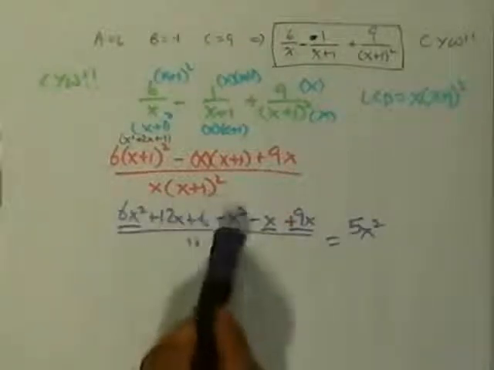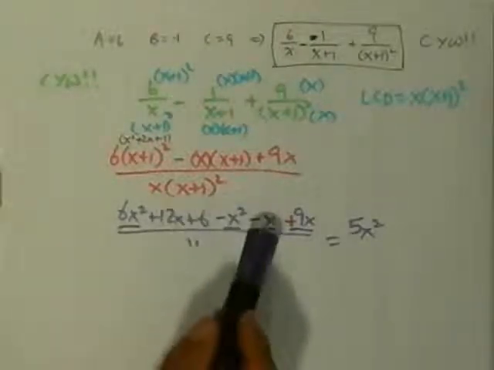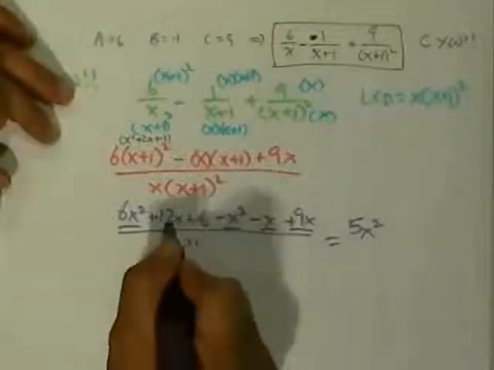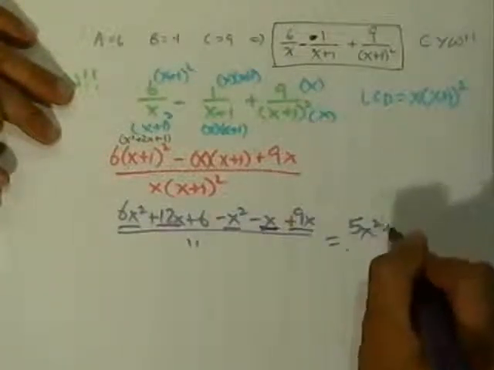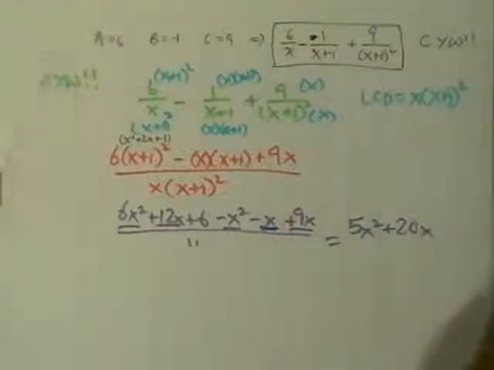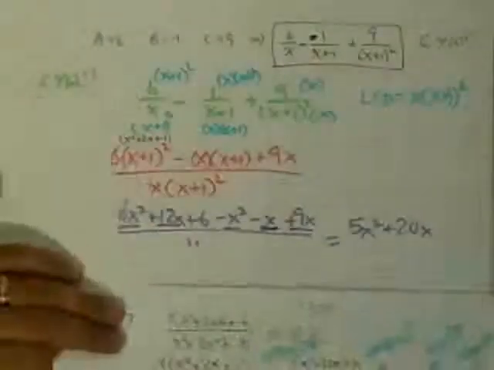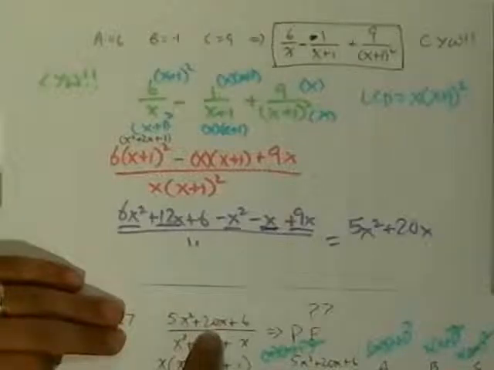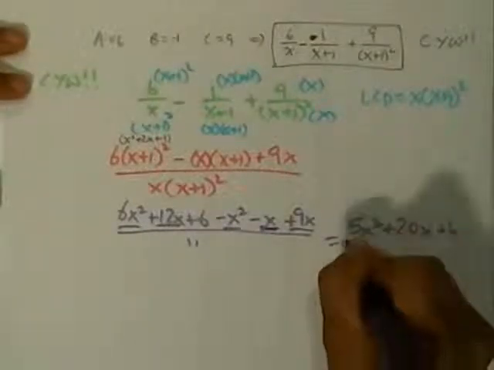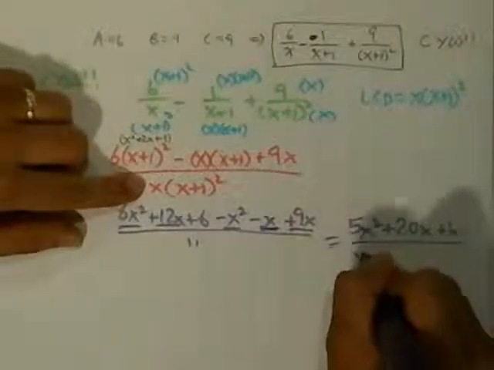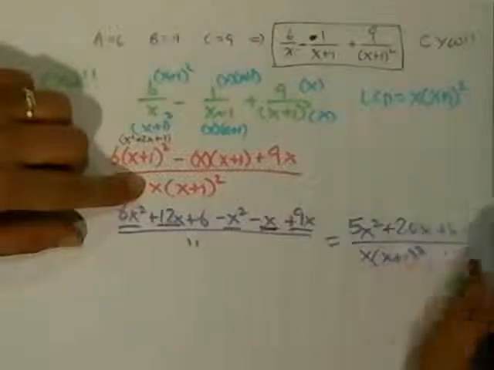So 6x squared, 12x minus x, 11x plus 9x is plus 20x. That's what we should have gotten way at the beginning right over here. So I'm actually referencing this as we go along. And then plus 6 all over x times x plus 1 squared.